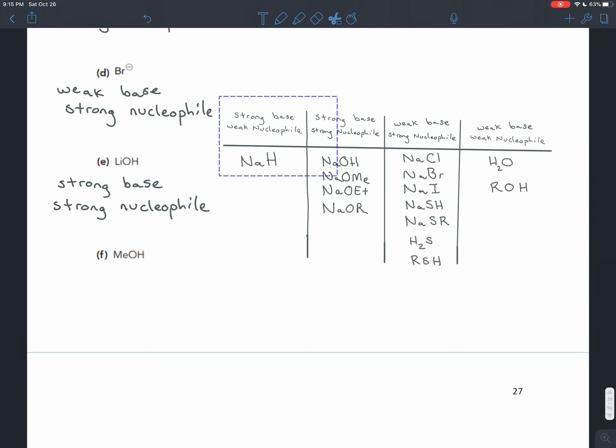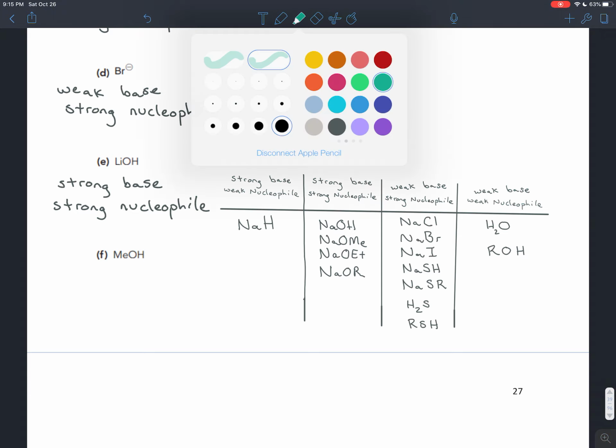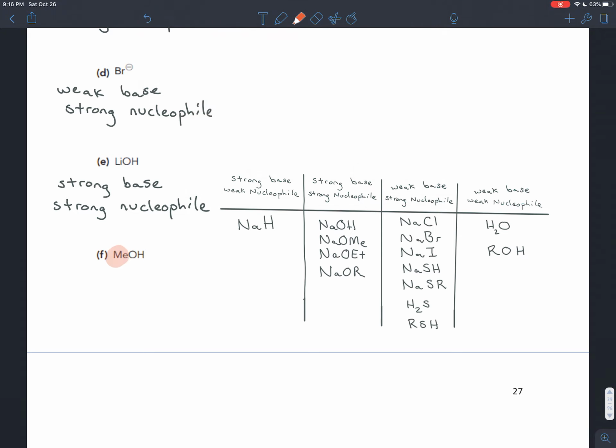For methanol, this next molecule here, we have an OH bonded to an R group. Now remember that methyl group is an R group, and so really we're dealing with ROH. Well, that is a weak base and a weak nucleophile.